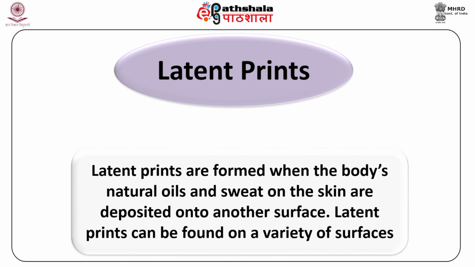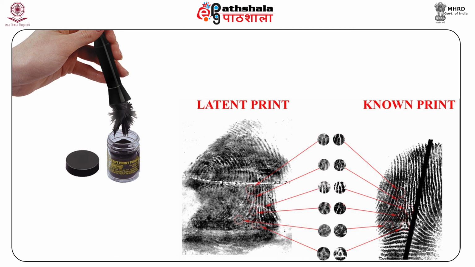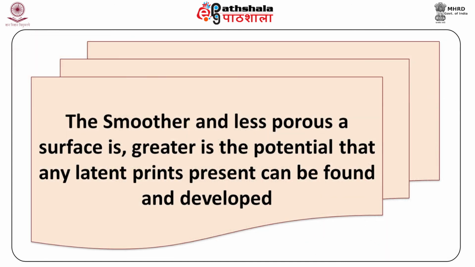Latent prints can be found on a variety of surfaces. However, they are not readily visible, and detection often requires the use of fingerprint powder, chemical reagents, or alternate light sources. Generally speaking, the smoother and less porous a surface is, the greater the potential that any latent print present can be found and developed.